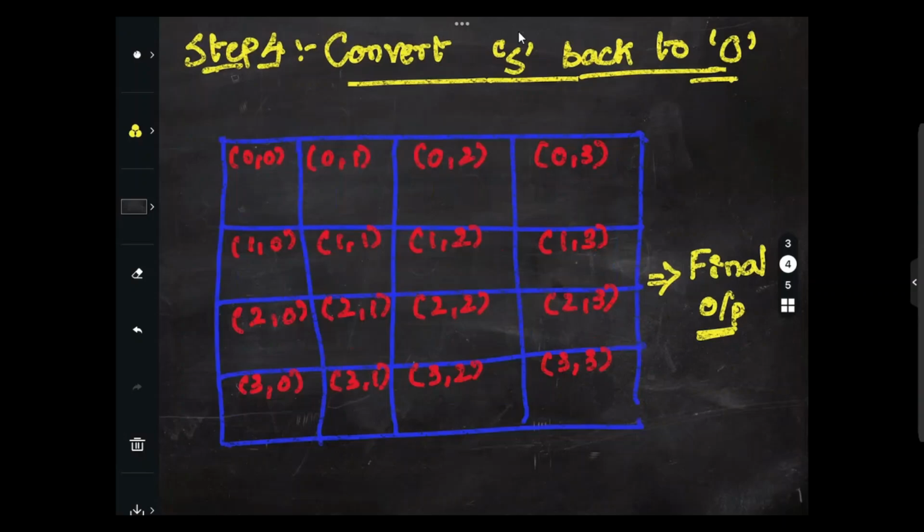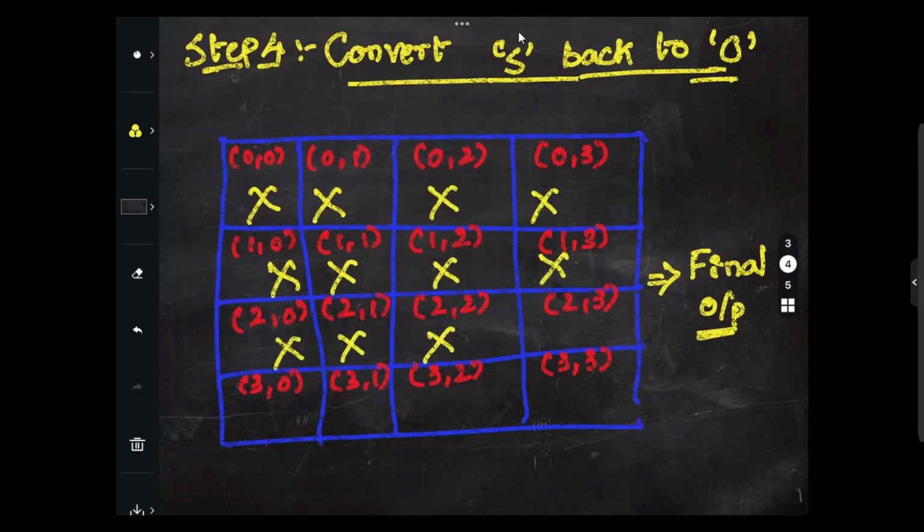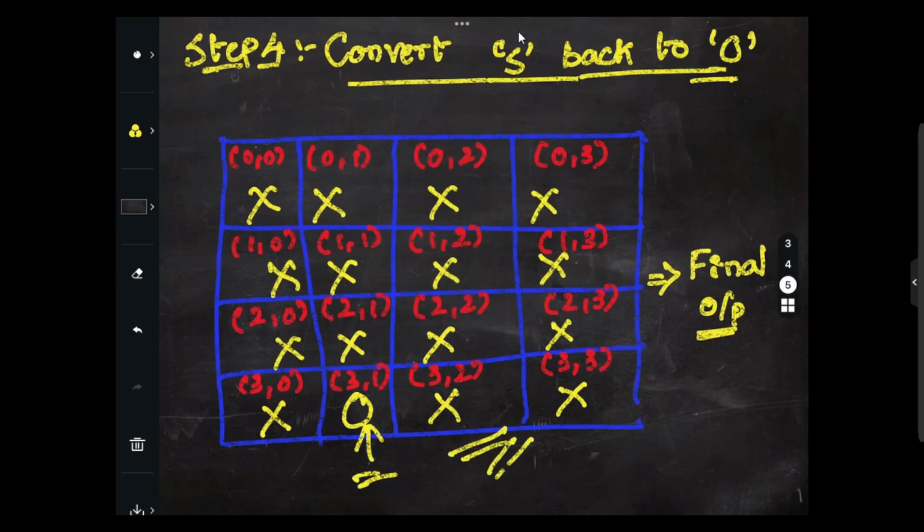So let me come here. Each cell is having x now, so let me write this quickly, and instead of S, this will be converted back to O or 0 here. This one I'm speaking of. I hope this is clear. So this is the final output that we got, and this itself we have to display as output, right? So I hope this is clear.